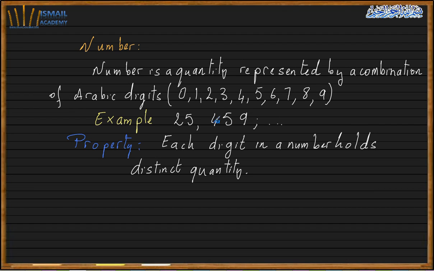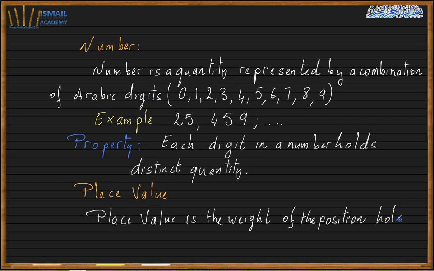So we call it the place value, the weight held by the digit in a number.